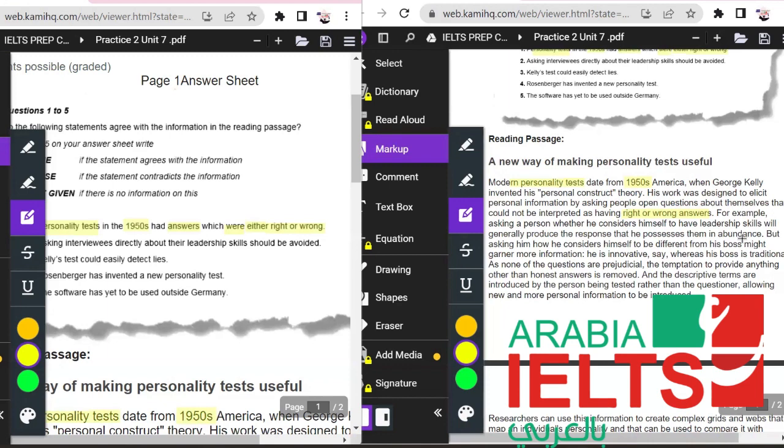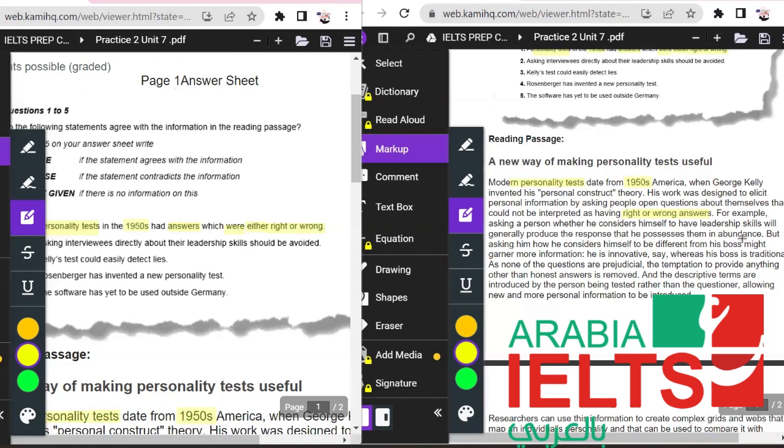So based on the person's answer to that specific question, you can understand if they have the necessary leadership skills or not. The temptation to provide anything other than honest answers is removed.